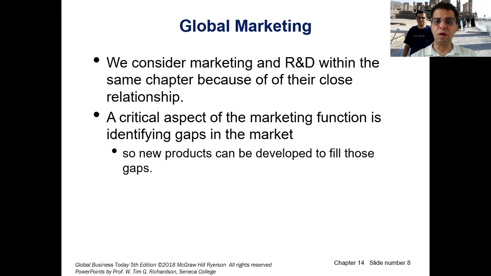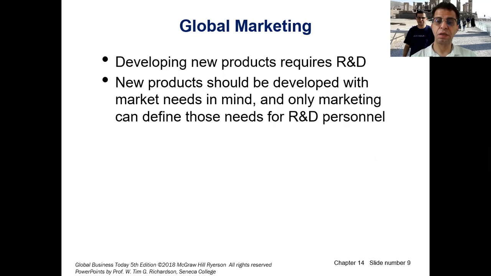We consider marketing and R&D within the same chapter once again because of their close relationship. A critical aspect of the marketing function is to identify gaps in the market so the new product can be developed by R&D to fill those gaps.